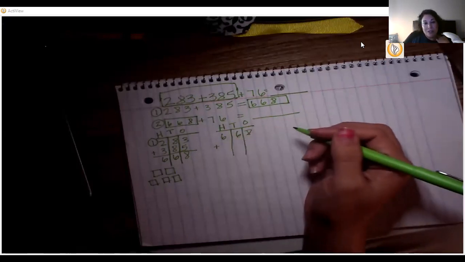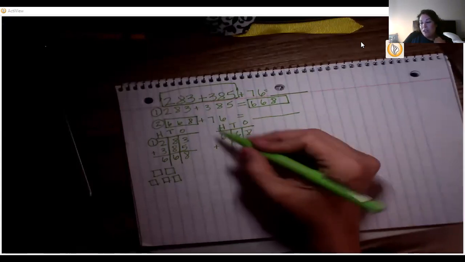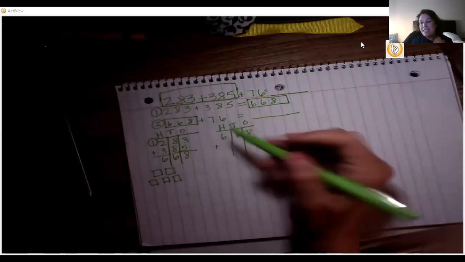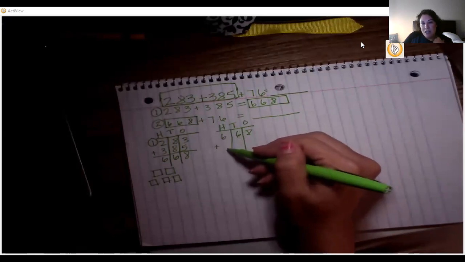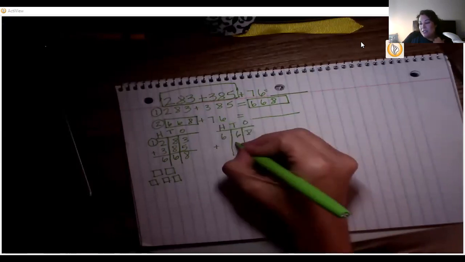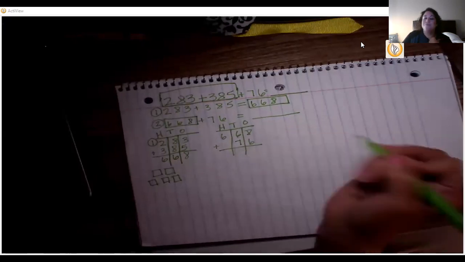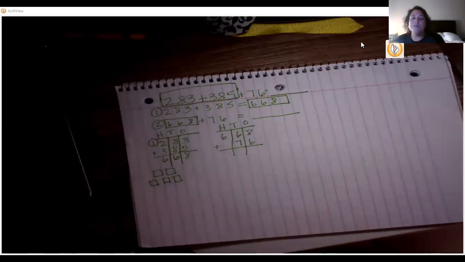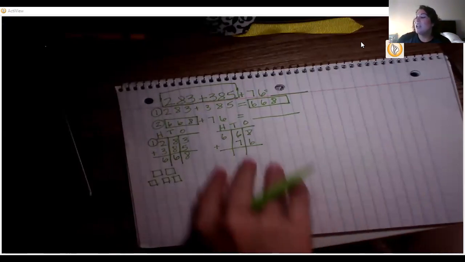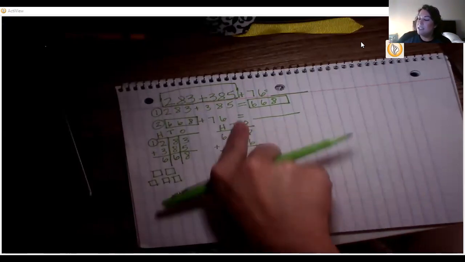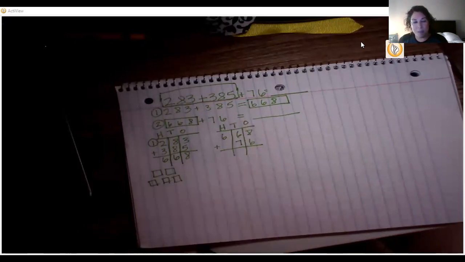So it's very important that I set this up right. The number 76 has 0 hundreds. There's nothing here. So I'm going to leave it blank for right now. But it does have 7 tens and 6 ones. This is what we're talking about and saying that you have to pay attention to place value and put your numbers in the right spot.